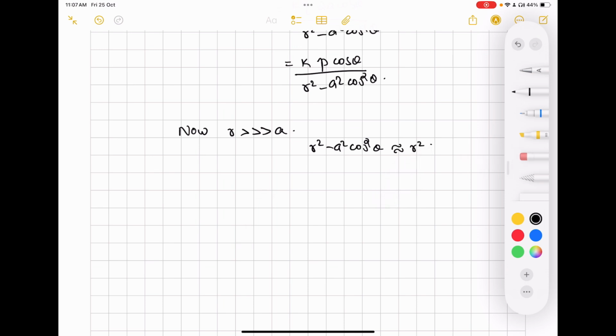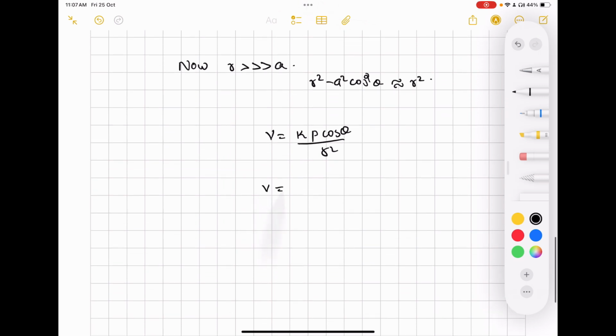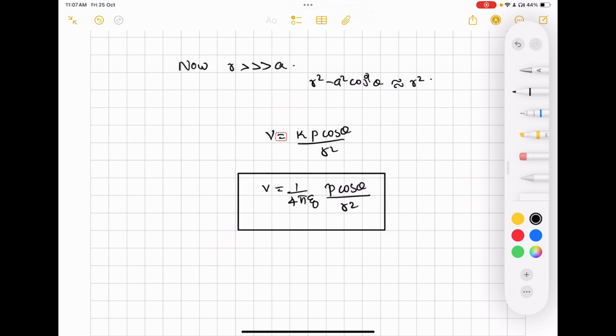So the final equation for potential due to a dipole is Kp cos theta divided by R square, that is equal to 1 by 4 pi epsilon 0 P cos theta divided by R square. This is the expression for potential due to a dipole at a distance r away from the center.